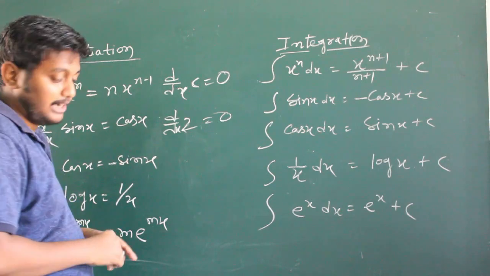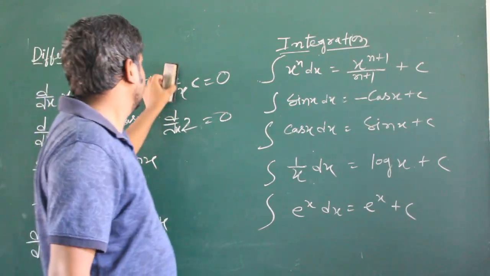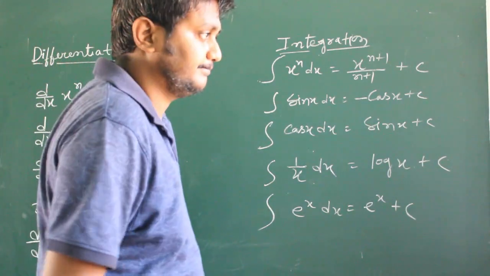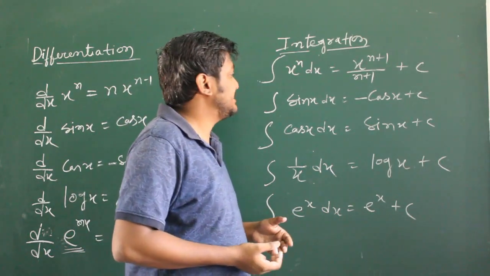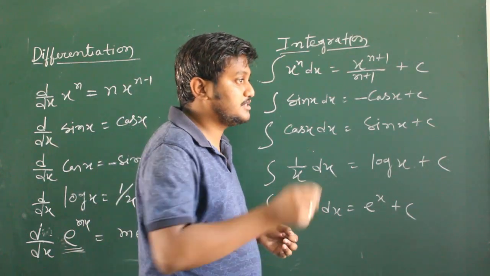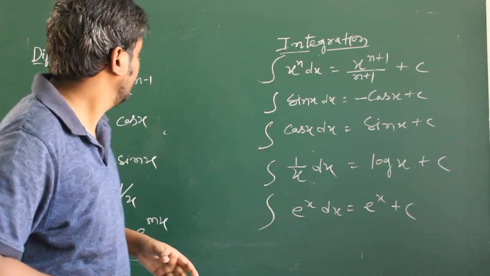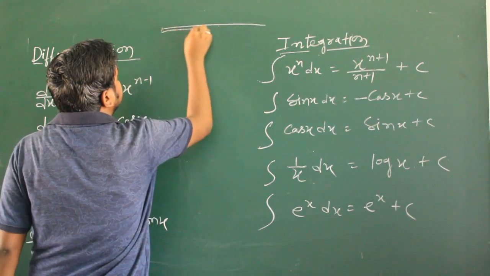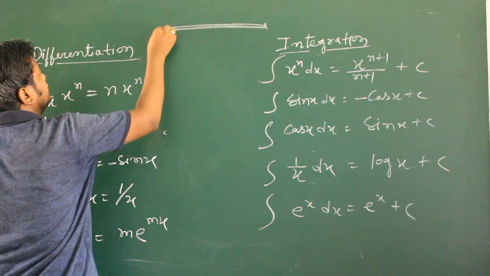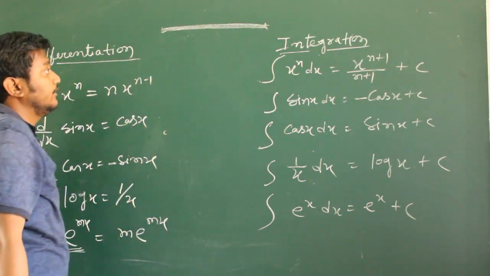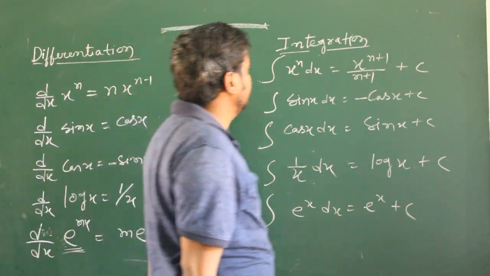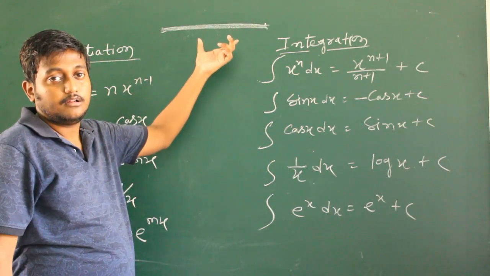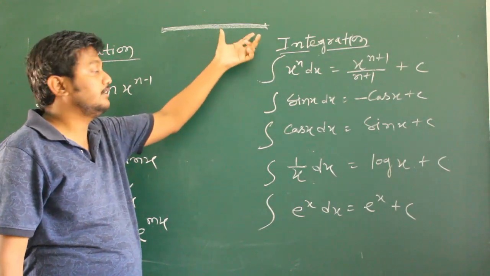Now come to the integration part. What is integration? In simple words, integration means the sum of small terms. For example, suppose we take a rod. If someone asks you to find the length of the rod, you can directly measure it by a scale.